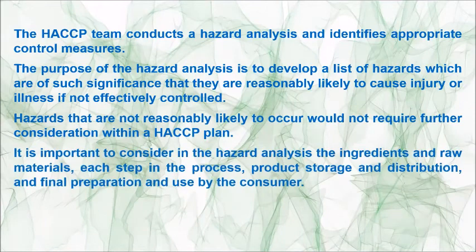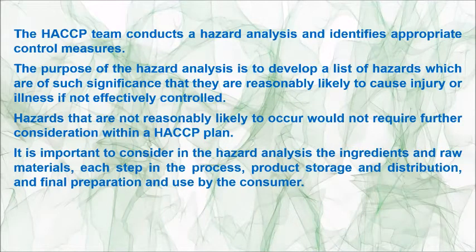It is important to consider in the analysis the ingredients and raw materials, each step in the process, product storage and distribution, and final preparation and use by consumers. So you can see every stage is being covered in food production, right from purchase of raw materials to processing, pre-processing, cooking, storage, distribution, and consumption.